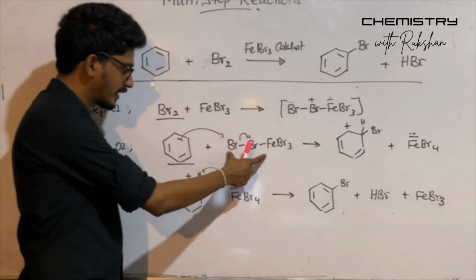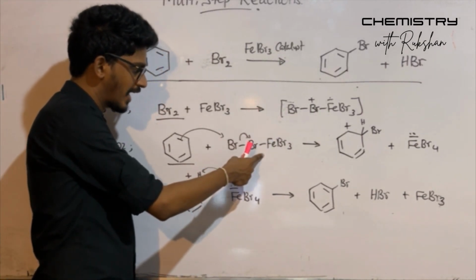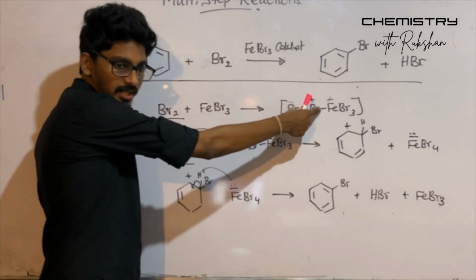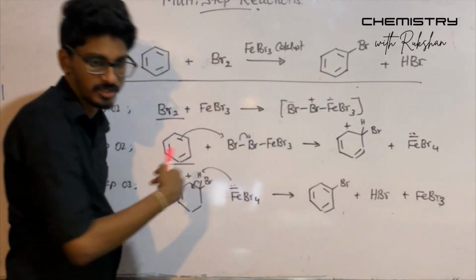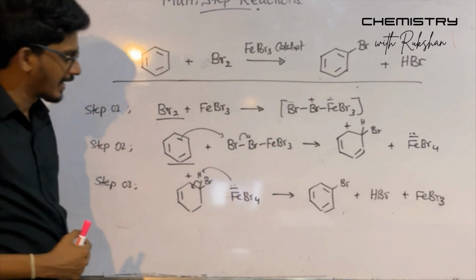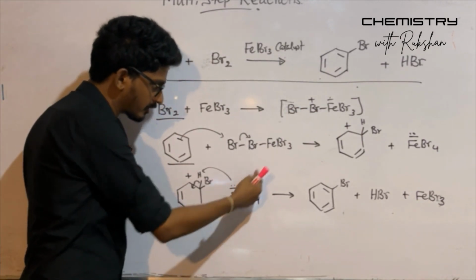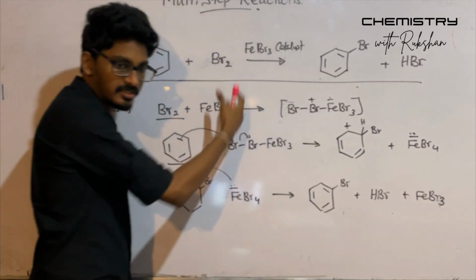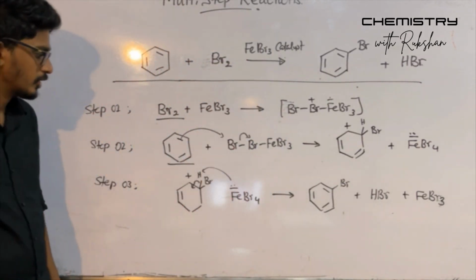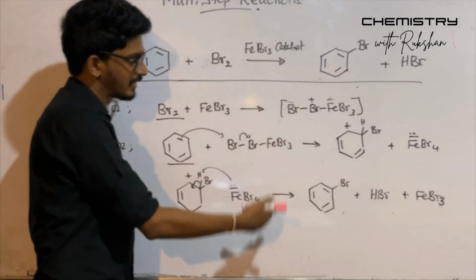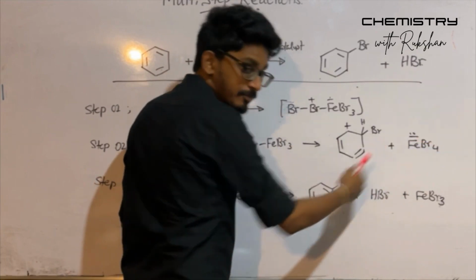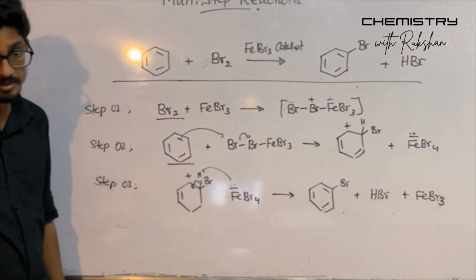And this thing will also cancel off, as you have the same guy appearing at the right hand side as well. So these two will cancel off if you add these three together, as well as this one. If you add these three together, you have FeBr4 minus at the left hand side, and at the right you have the same stuff, so those will be cancelled off.